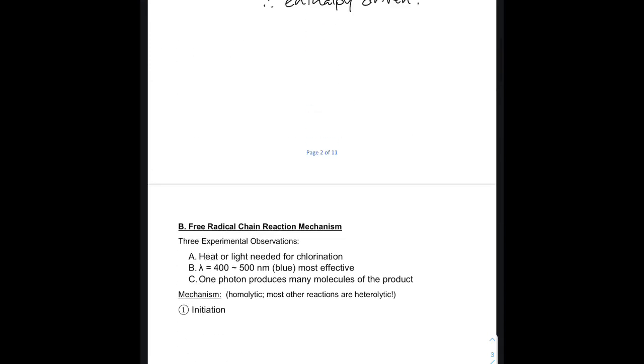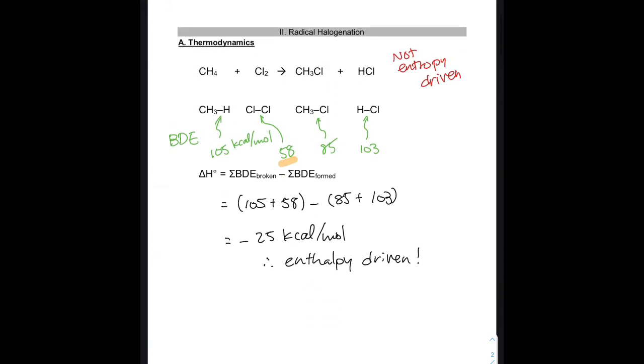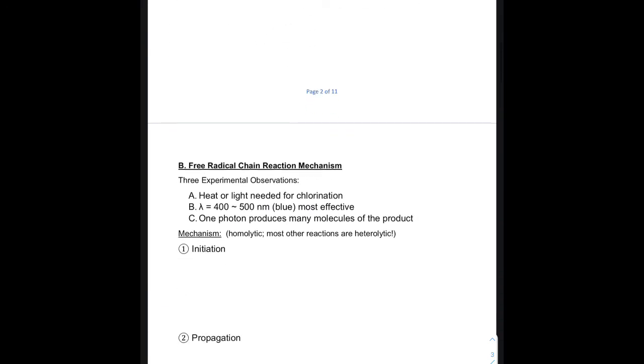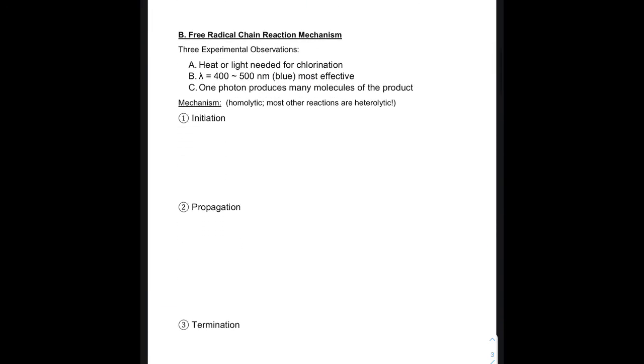When you do this radical chlorination reaction, like chlorinating methane, for instance, what we notice in the experiment is that either heat or light is needed for the chlorination or halogenation to happen.